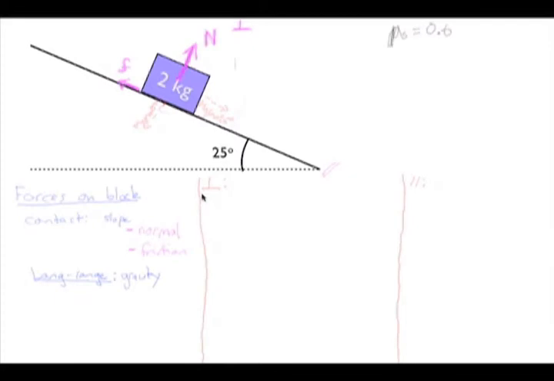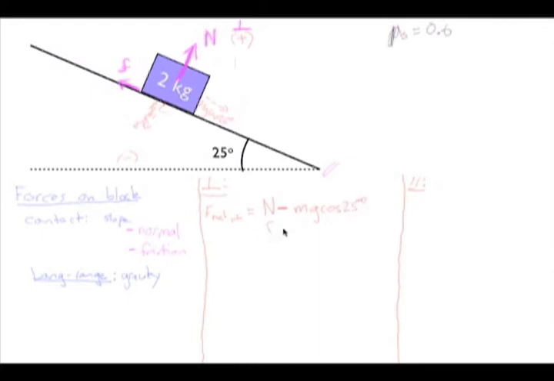So just looking at the parts in the perpendicular direction, let's call this direction positive in the perpendicular direction, and this direction down here as negative. Well, from our force diagram, the net force in the perpendicular direction is N for the normal force, pointing up this way in the positive direction, minus mg cosine 25 degrees.